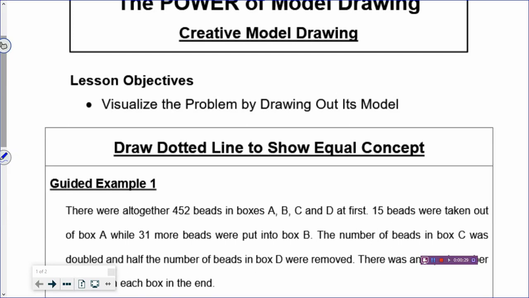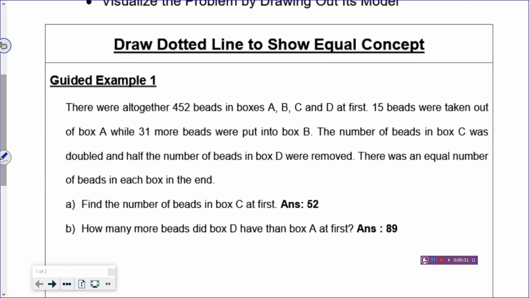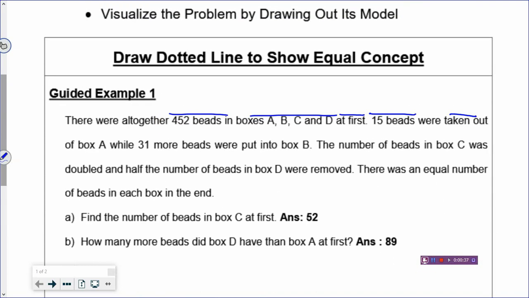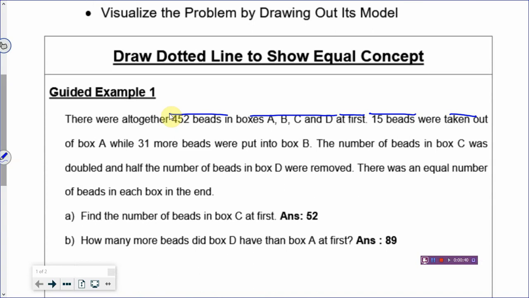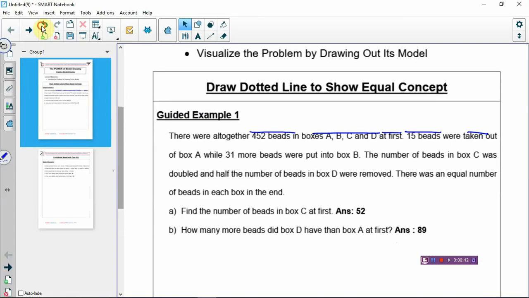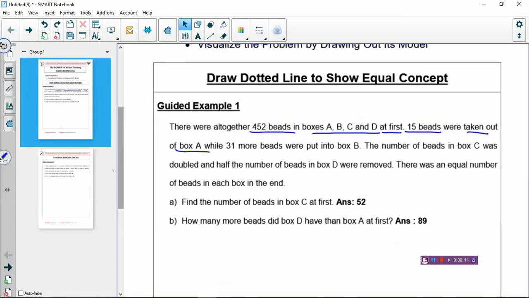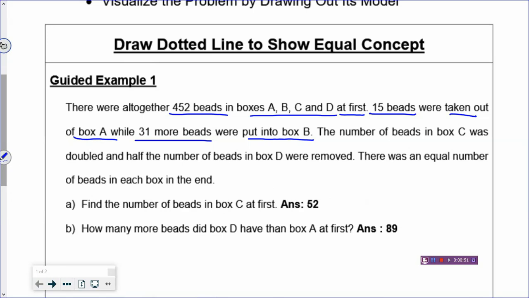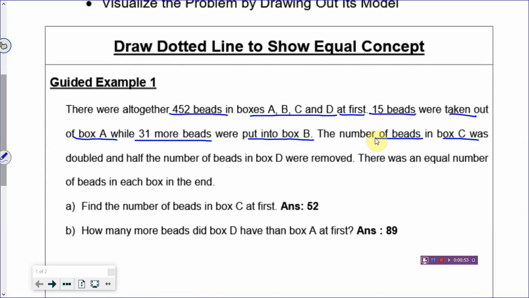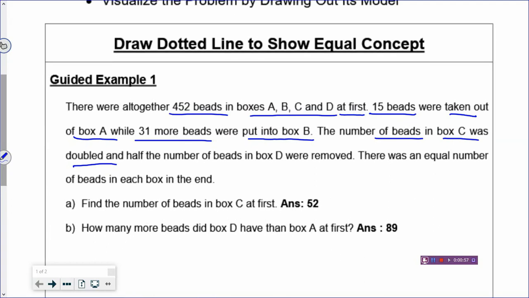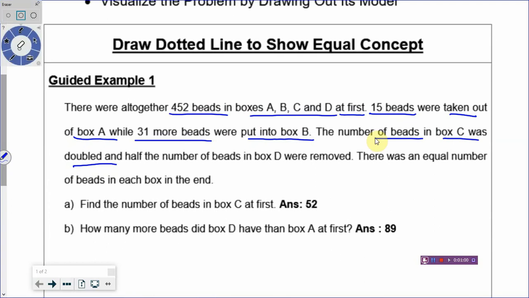Okay, so let's look at example 1 and highlight the important words. There were altogether 432 bits in boxes A, B, C, D at first. 15 bits were taken out of box A, while 31 more bits were put into box B. And the number of bits in box C was doubled.